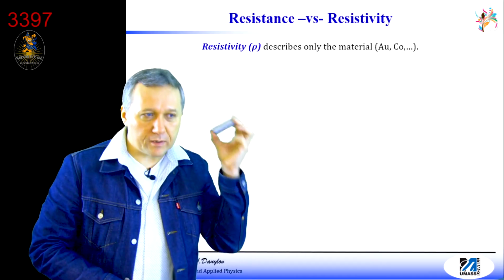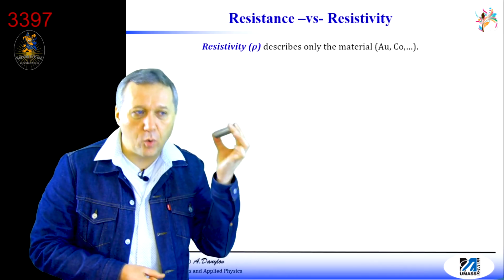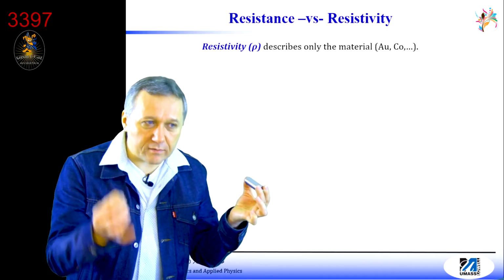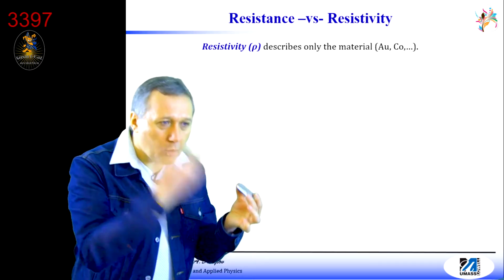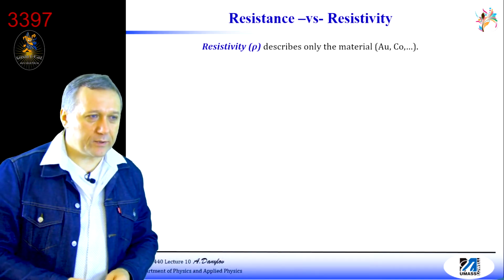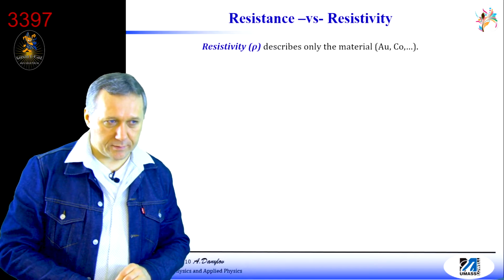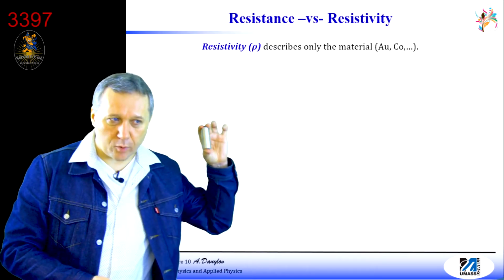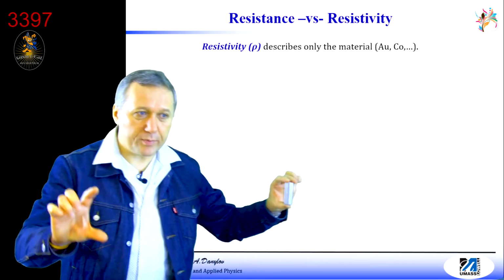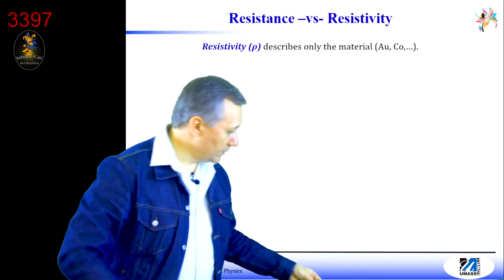So it's a quantity describing an object, a resistor. Resistivity describes material: gold, copper, aluminum, tungsten, molybdenum, right? Whatever material is used to fabricate a resistor. So resistance is a property of an object, of a resistor. Resistivity is a property of a material.